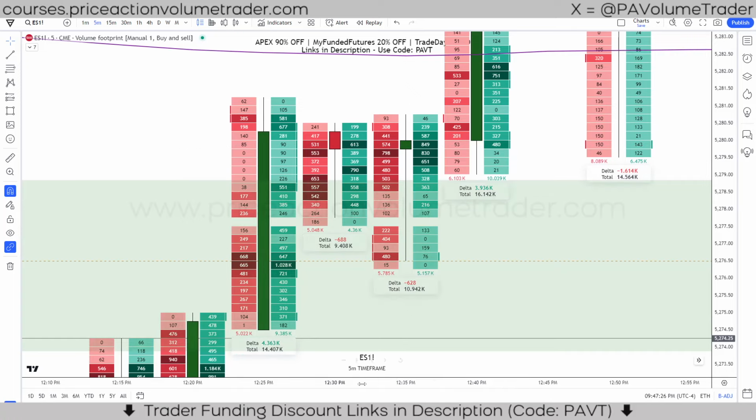And then if we look at the bottom area right here, if we pay attention to the numbers that we have executed, you can see how we had a lot of aggressive selling right at the bottom wick of this candlestick.